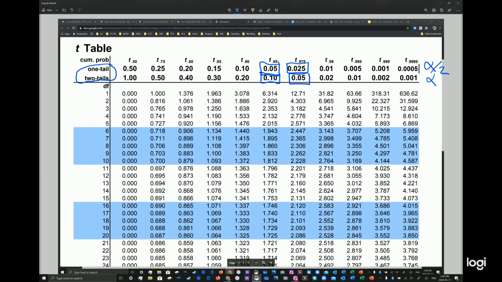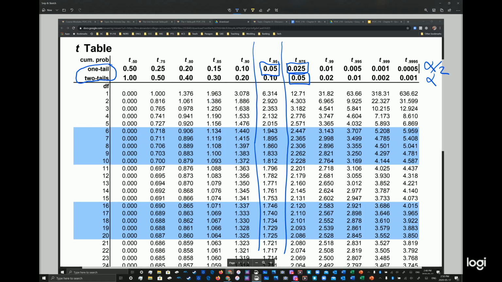And that's all you get. So mainly for our course, we would focus on the following. If you got a one-tailed test and you set alpha at 0.05, you would look at this column right here.